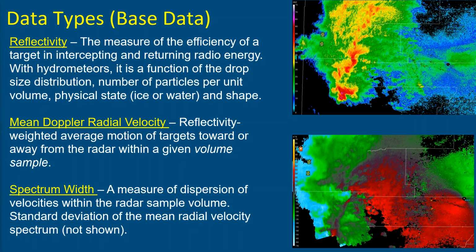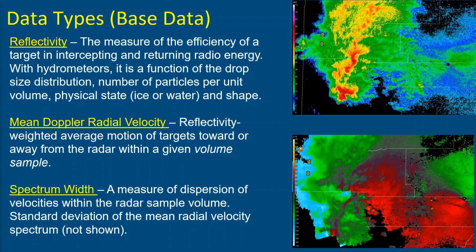So a little bit about the radar there, and let's talk now about the different things the radar measures and products that we use to make warning decisions. These are the types of things you may see on apps or online or even on the television broadcast. The returned energy is basically plotted as reflectivity.